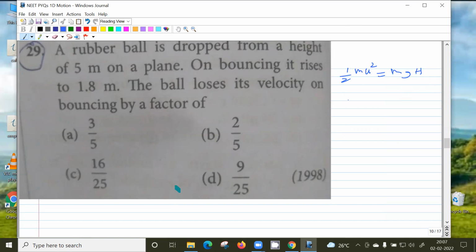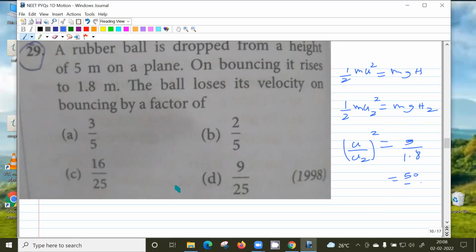And the second time, the ball will lose some velocity. So let it be half m u2 square equal to mg h2 in the second case. And what is h2? 1.8, right? H is 5. So if you divide these two, you get u square by u2 square equal to h by h2, that is 5 by 1.8.